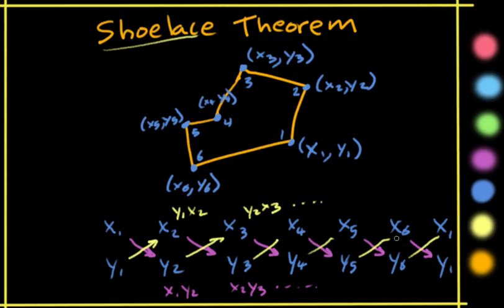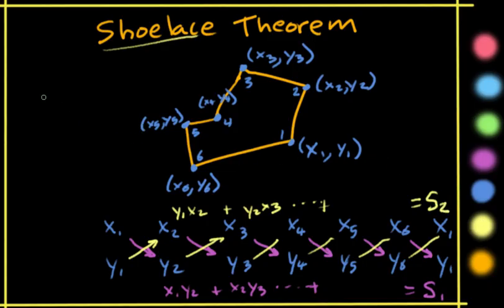Now, how do you get the area from all this? Well, what you do is you take all these products that you got from multiplying down and to the right and you add them all up, until you get some sum here, sum 1. And then you take these other products that you got, y1 x2 plus y2 x3 plus dot dot dot all the way to the end, and that's going to give you another sum. This is sum 2.